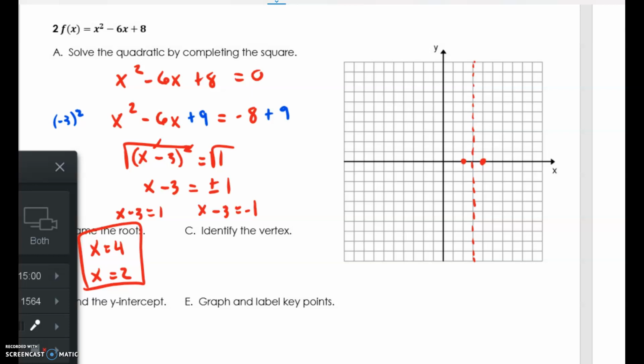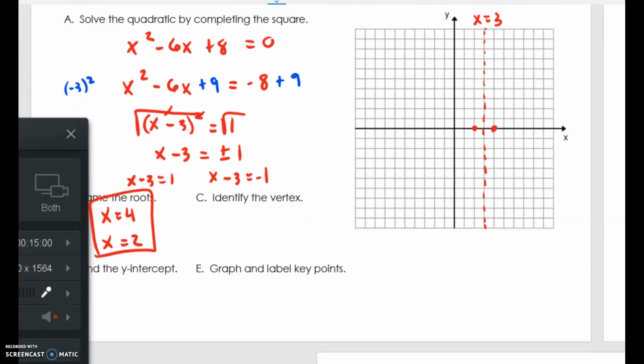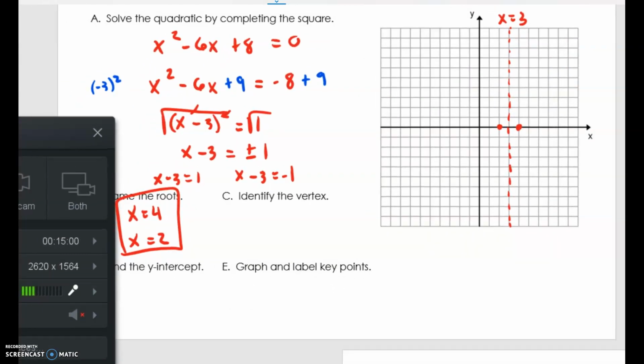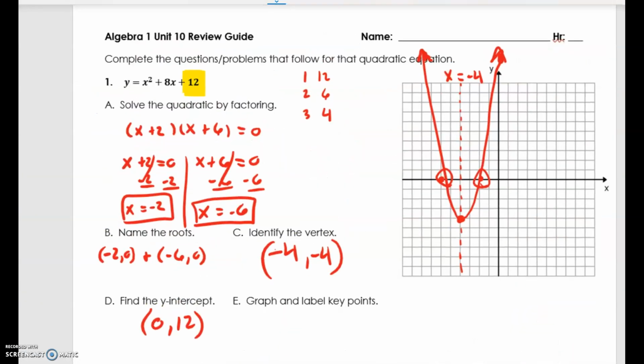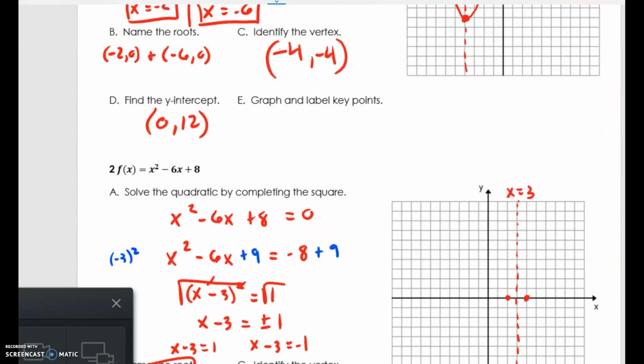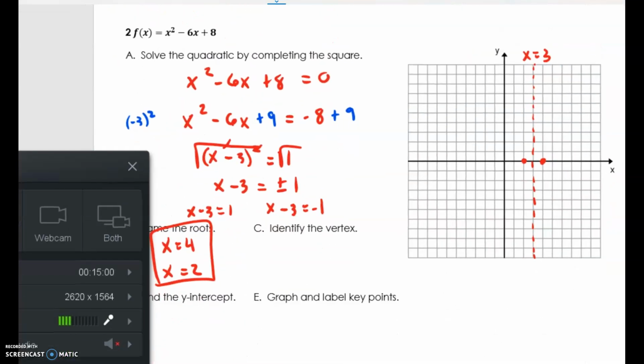Or there's my axis of symmetry, I mean. So what is that value? 1, 2, 3. x equals 3 is your axis of symmetry. Okay, and then the vertex point, I need to plug this number in. So just like we did on the one above where we plugged a negative 4 in for the equation, I'm plugging a 3 in this time.